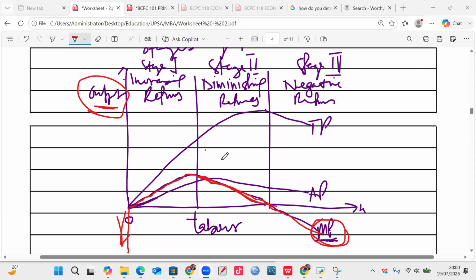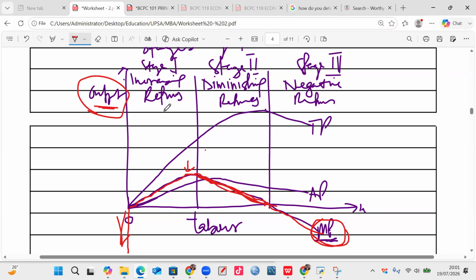In the second stage, the total products continue to increase. Or in the first stage, all the 3 curves, total products, average products, and marginal products, they are increasing. But marginal product reaches maximum. Look at where it is standing in the first stage and begins to decrease.